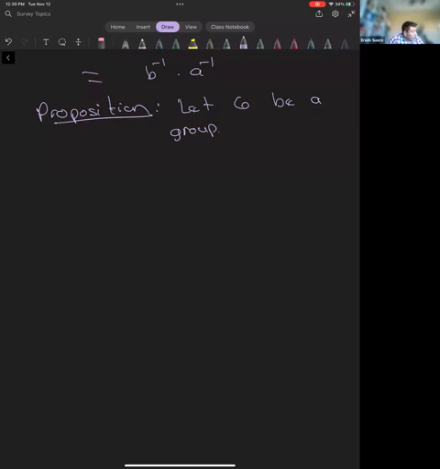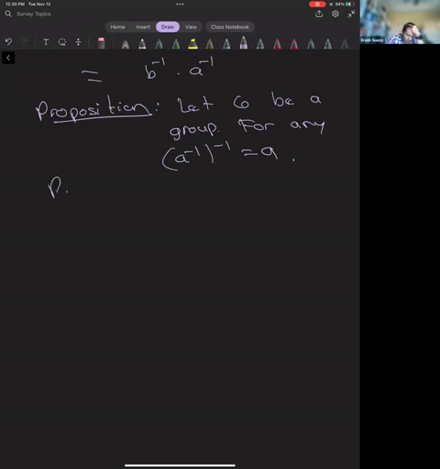So let G be a group. For any A, the inverse of the inverse equals A. Okay, so I'm gonna, let's see. I haven't done this, and I'm sure I did it a long time ago, 14 years ago, maybe.